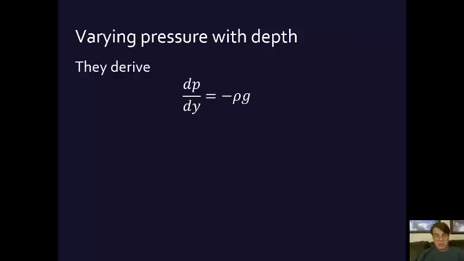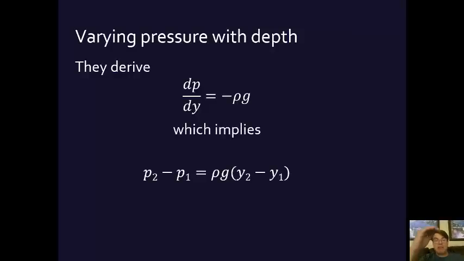If you integrate this particular formula, it implies that if you have varying depths in a fluid, say in the ocean or whatever, the pressure at the top minus the pressure at the bottom, the difference in pressure, is going to be the density times the gravity times the difference in height, y2 minus y1. So that formula is helpful when you have some kind of a fluid, gaseous or liquid, that has varying pressures at different heights.